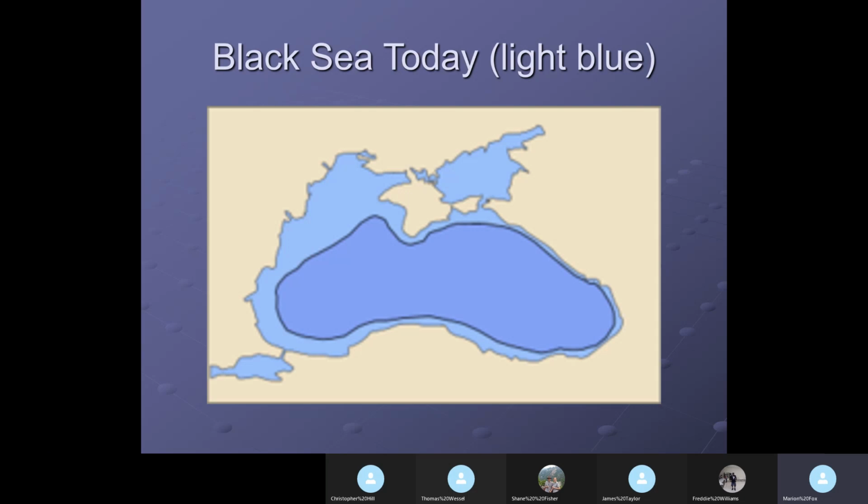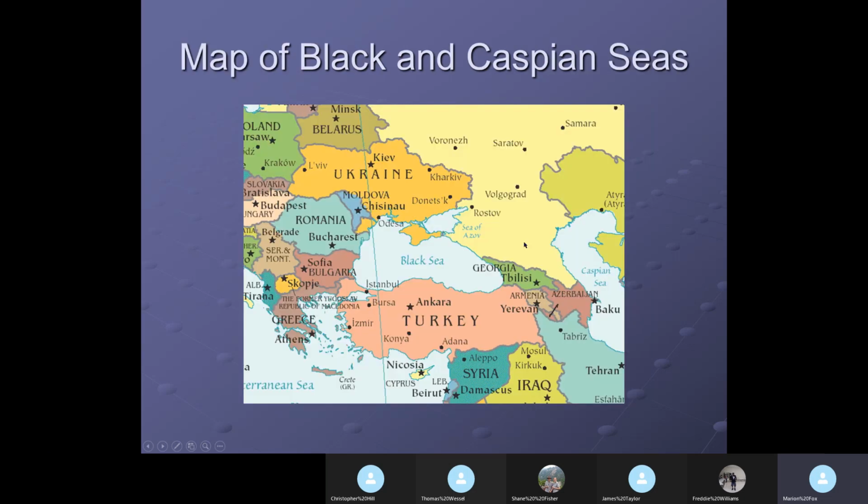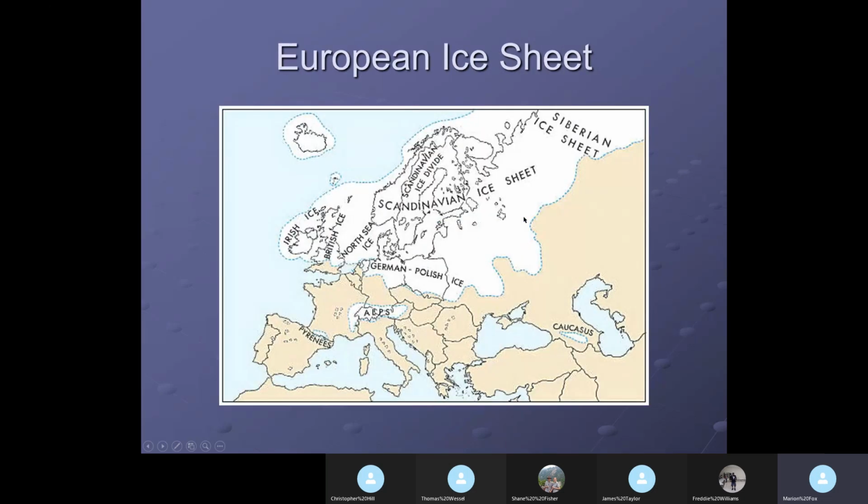Here's the Black Sea today, light blue, and here's the Scandinavian ice sheet and the Siberian ice sheet. This ice would flow into streams going down into the Caspian Sea and into the Black Sea, melting ice. We'll come back to the ice sheets and how they got there later.